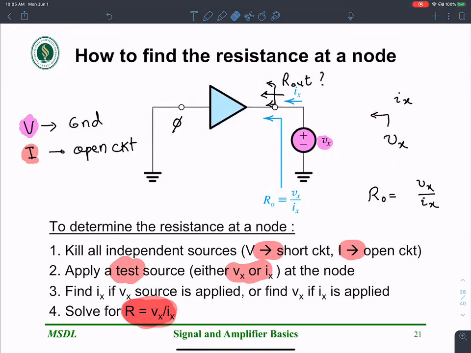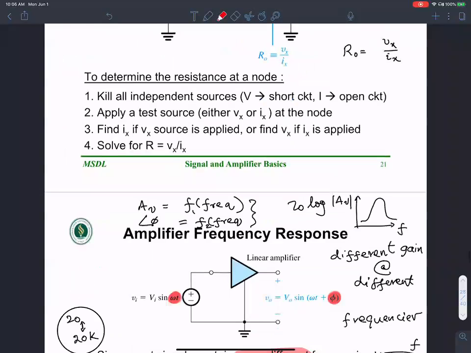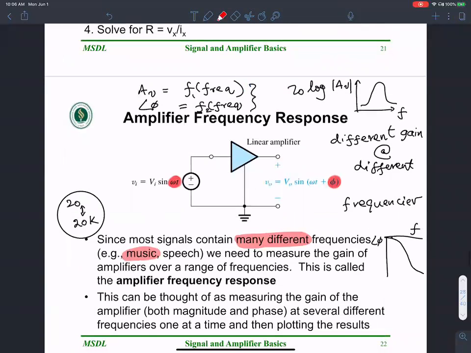So we'll see an application of that in today's class, in order to find the output resistance, R out. That can be found by this test voltage, test current method.